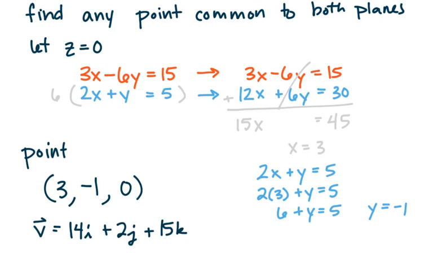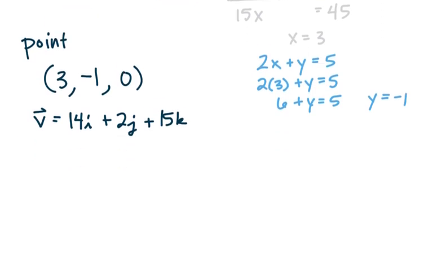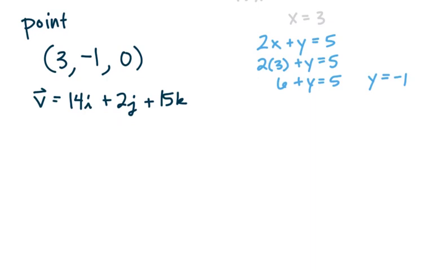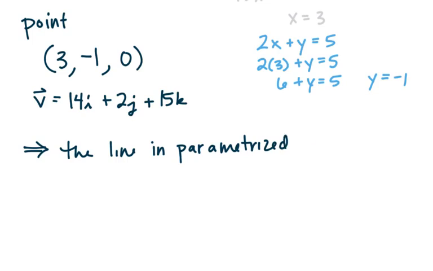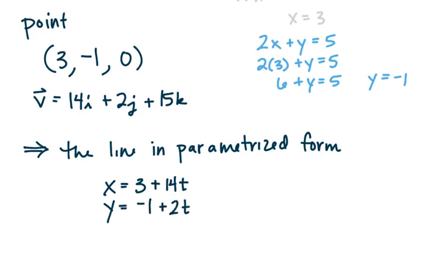Now that I have that, I can write my parametric equations. So the line in parametrized form is going to be given by x equals 3 plus 14t, y equals -1 plus 2t, and z equals 15t.